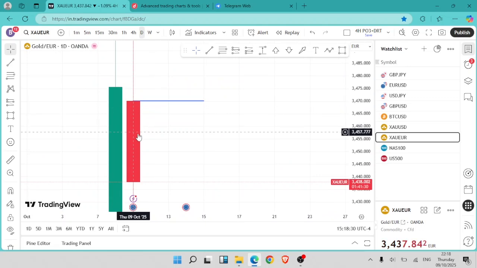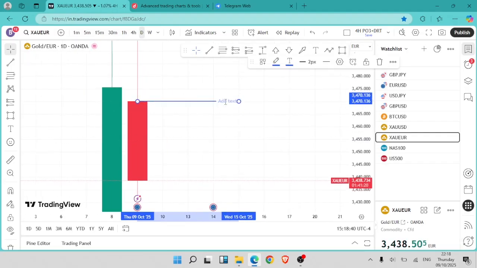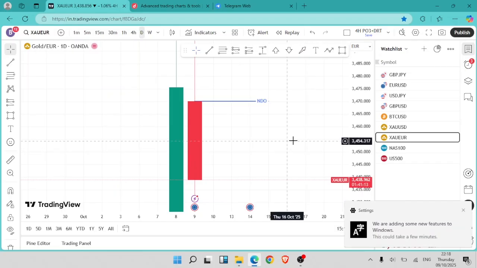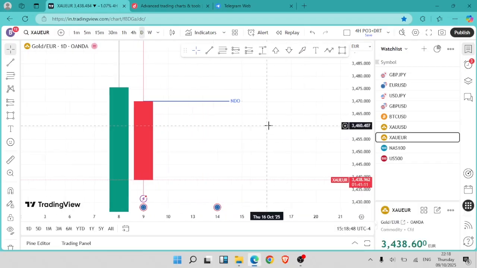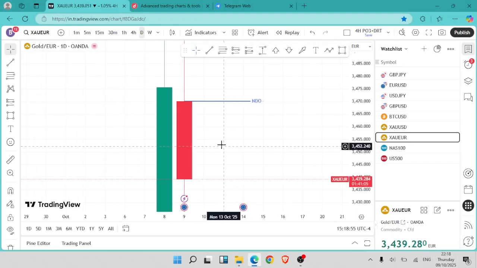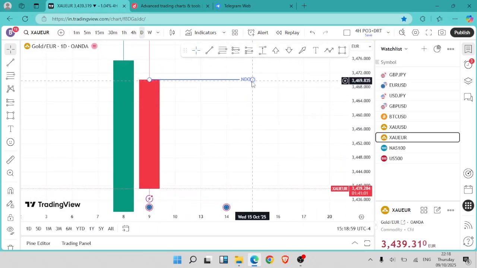This is today's candle, Thursday 9th of October 2025. We can label this as new day open, though this is not the true new day open based on this time. This is -4 New York time, though in East Africa, Kenya to be specific, it is a different time. So mark your new day open.